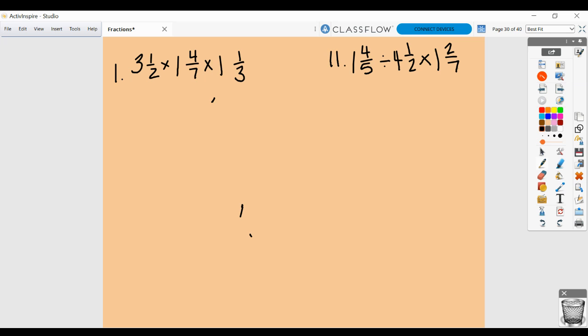easier. So 3 times 2 is 6, plus 1 is 7. 7 times 1 is 7, plus 4 is 11. 1 times 3 is 3, plus 1 is 4. Okay, now remember, when you multiply, you just multiply straight across.